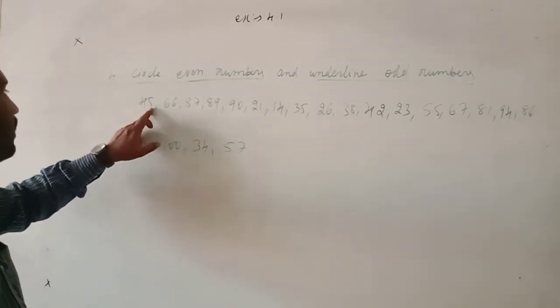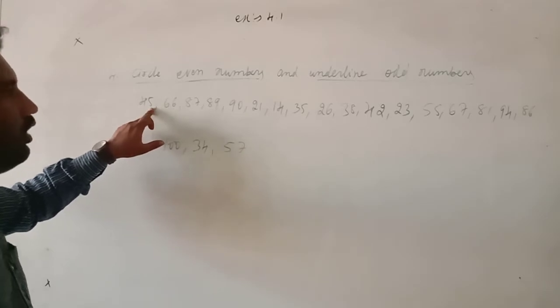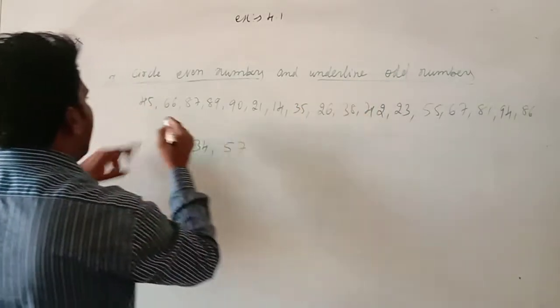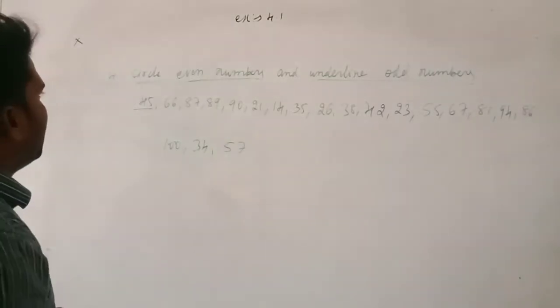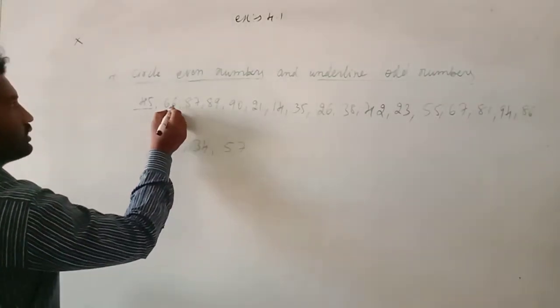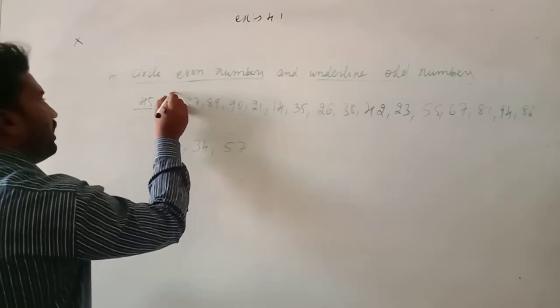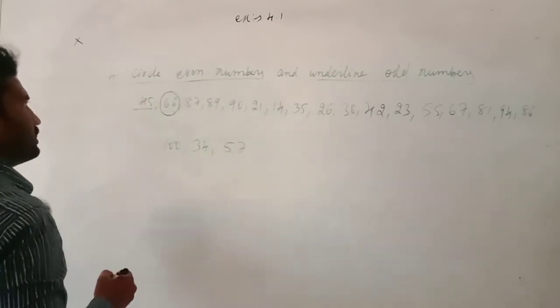So 45, the last digit is 5, it is an odd number, so we underline. 66, the last digit is 6, so it is even, so we circle this.